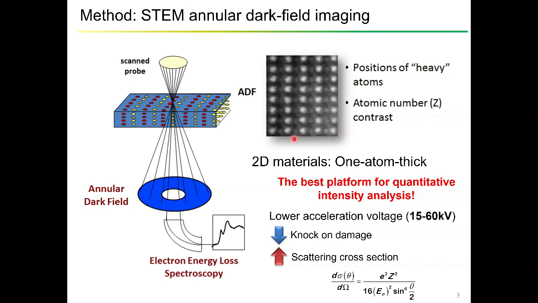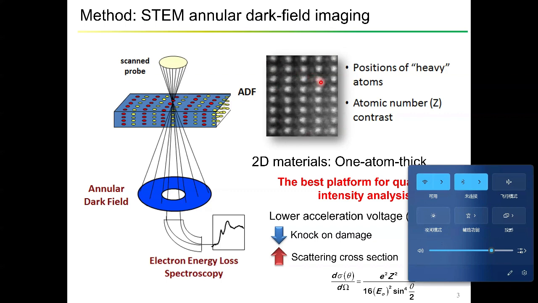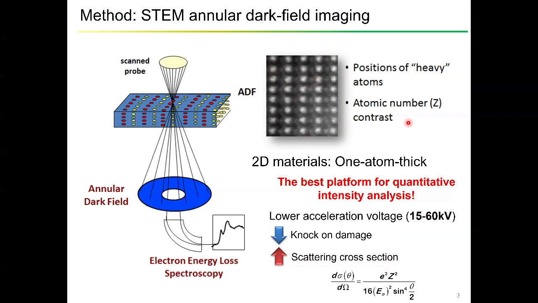So for example, this is a very nice STEM image, and we can see that each spot is bright or dark. And we can definitely say that the bright spots have a much more scattering capability than the darker ones. So we can interpret this kind of intensity quantitatively so that we can extract the hidden information in the material.